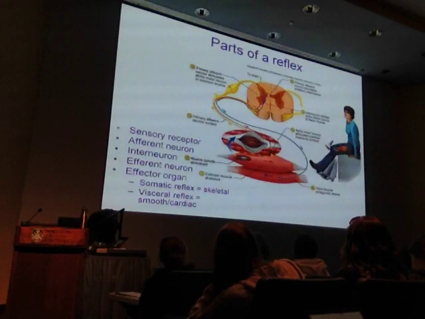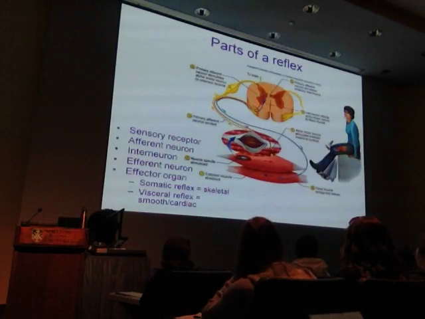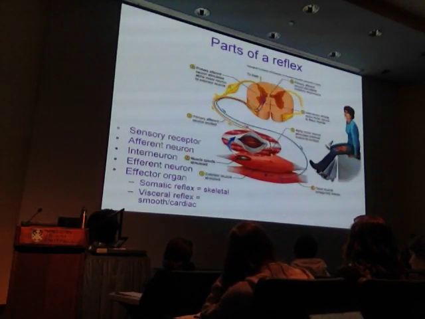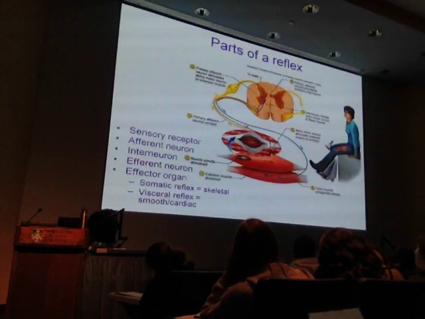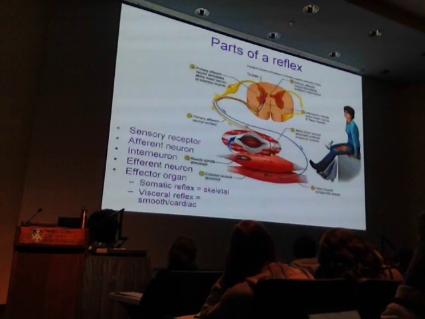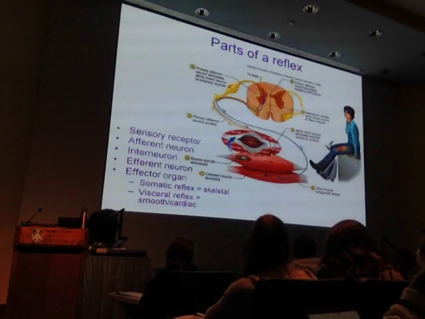That means you're extending the leg, and the leg extensors are being stretched. That stimulates this sensory receptor, known as a muscle spindle. We'll look at that in the next slide, but for now, just know that it's a sensory receptor. If you open it up, this is just a slice down the midline, and you can see the internal components. It's normally not opened up like this. It looks like a fish's mouth, but the casing is opened up so you can see what's going on inside.